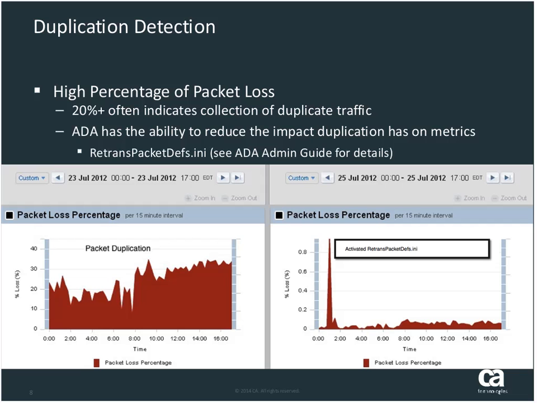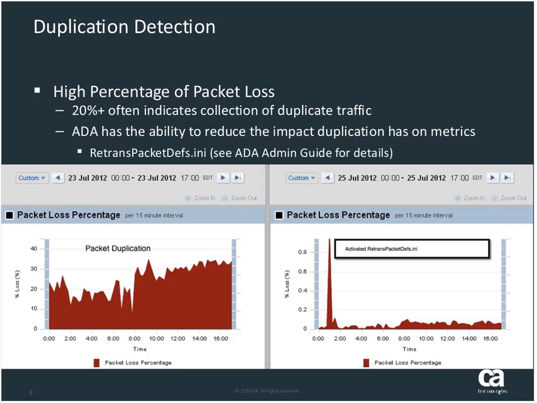Maybe you don't have deduplication if you don't have a multi-port. If you do have a multi-port, maybe it's not deduping it because they're too far apart, because your collection architecture is set up different. ADA has an INI file that you can activate, and it's in the admin guide for the details on it, but there's a retrans packet depths INI file.